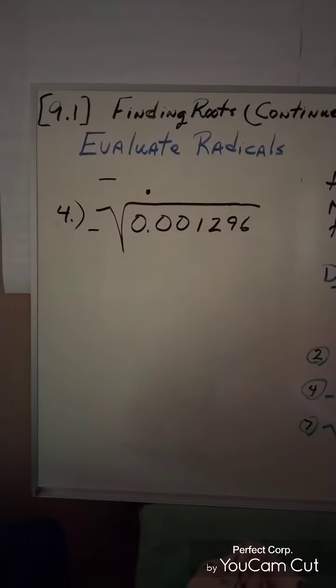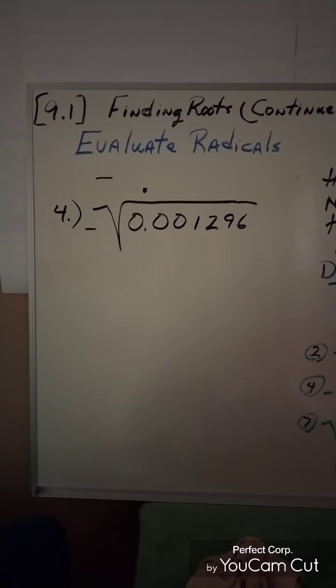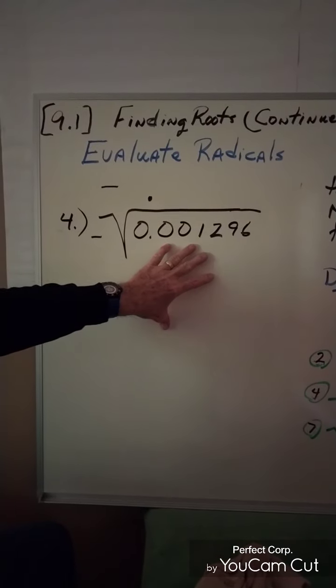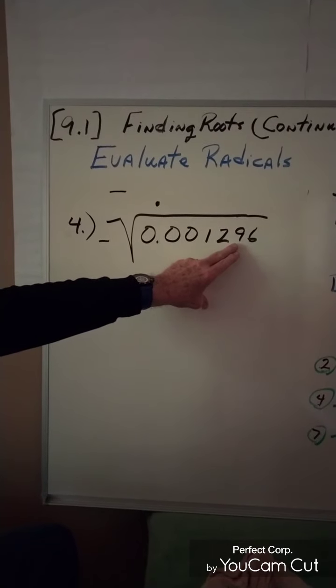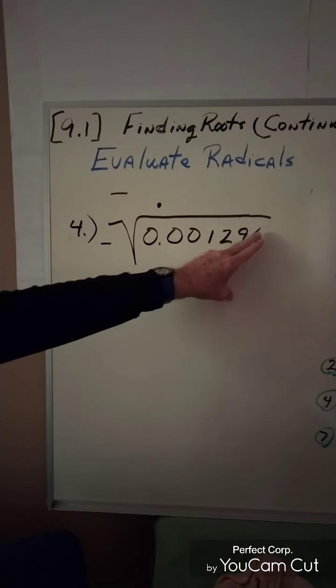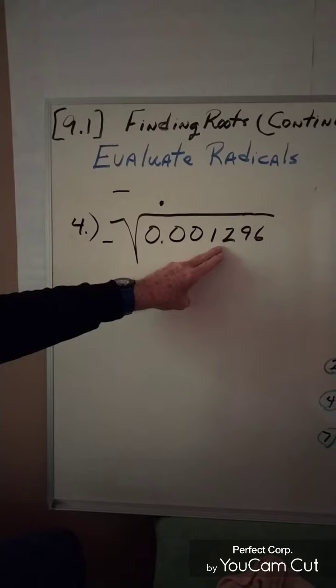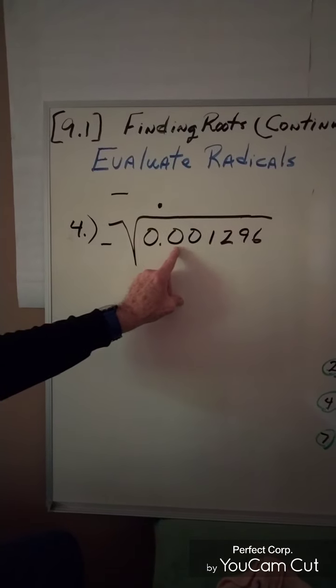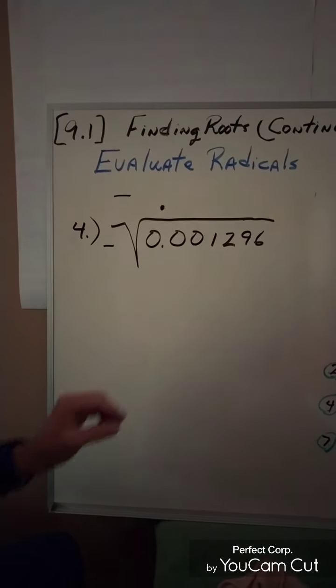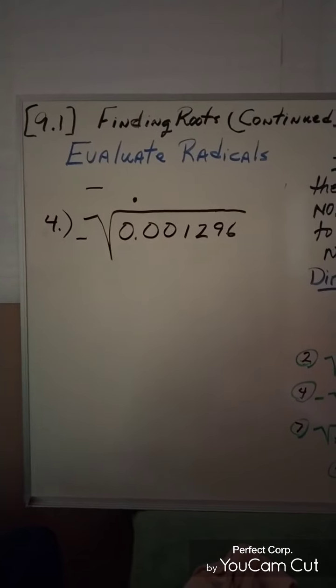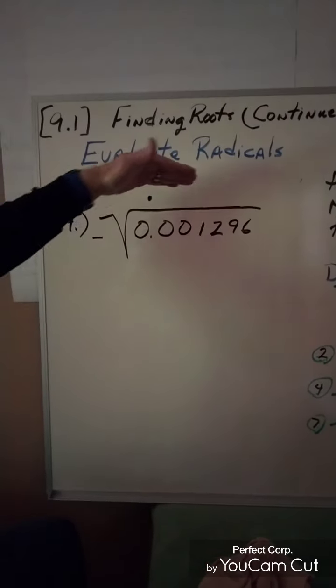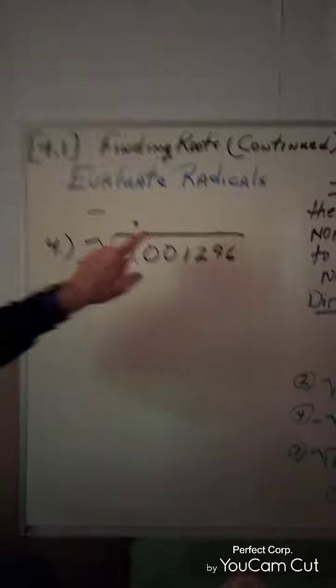There's an even number of digits to the right of that decimal point. That will indicate that if 1,296, this portion right here, happens to be a perfect square, because there is an even number of digits to the right of that point, it will represent a perfect square and give us a rational number up here.